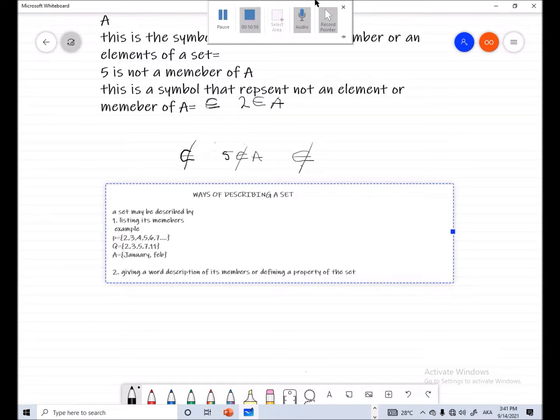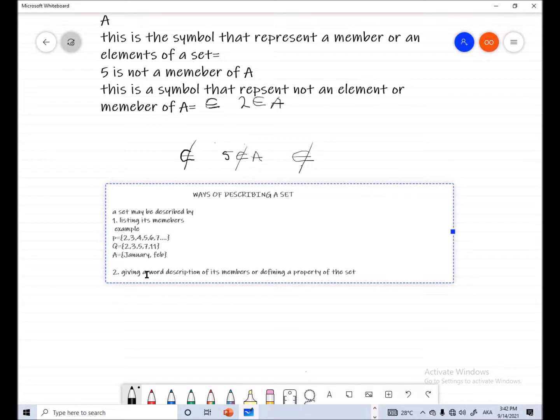What we are saying is that to describe sets, we have 1, 2, and 3. The first one is listing members.